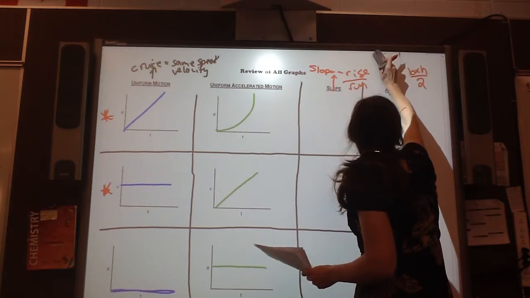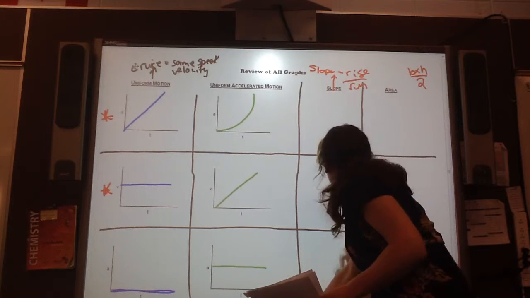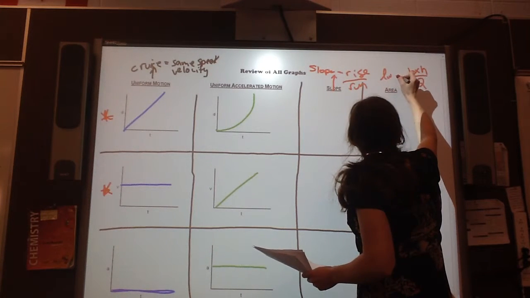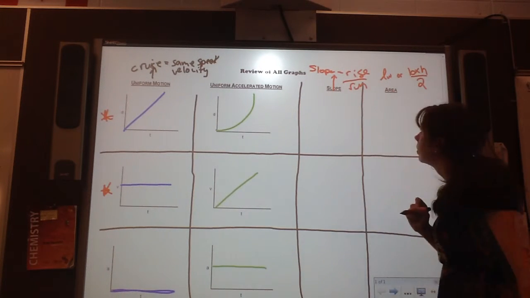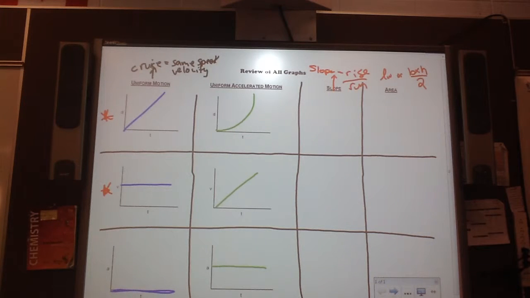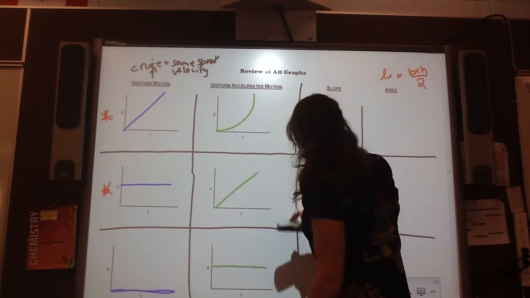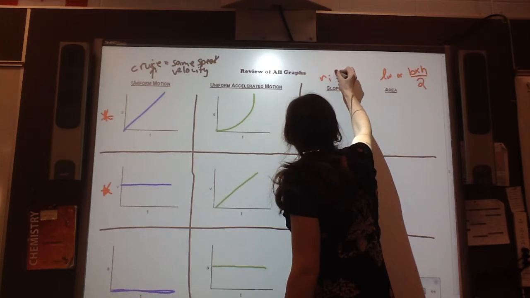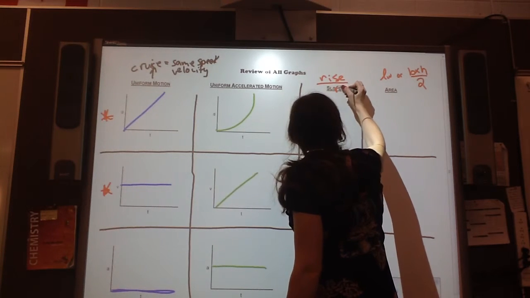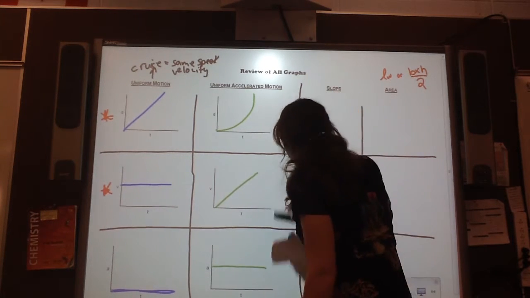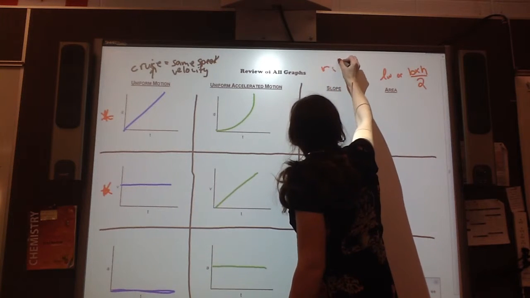That's all we'll deal with for area on graphs.